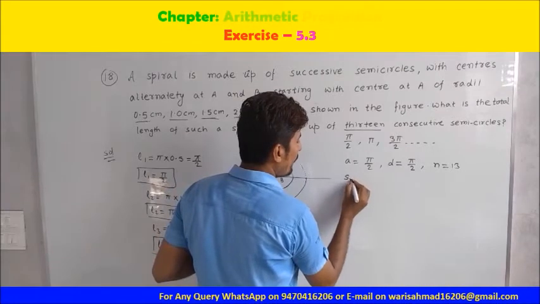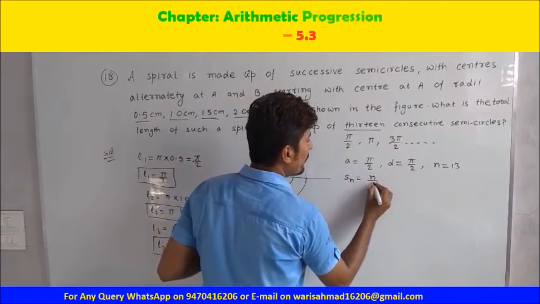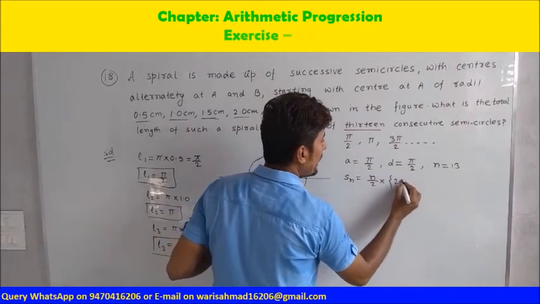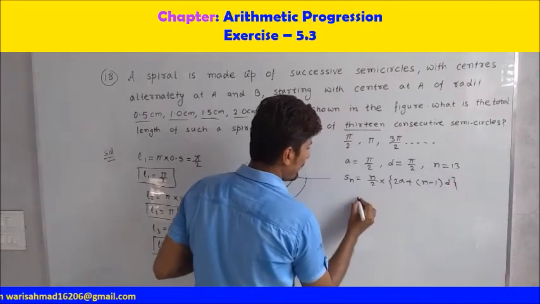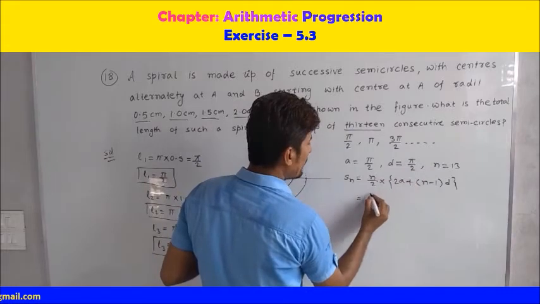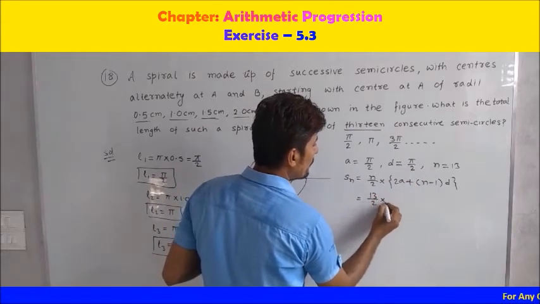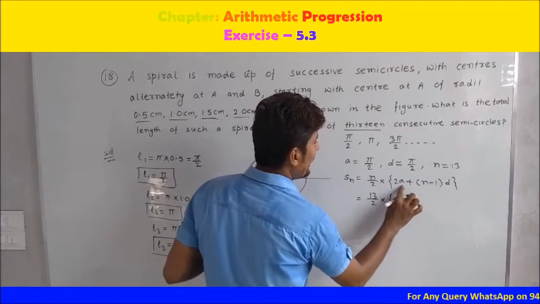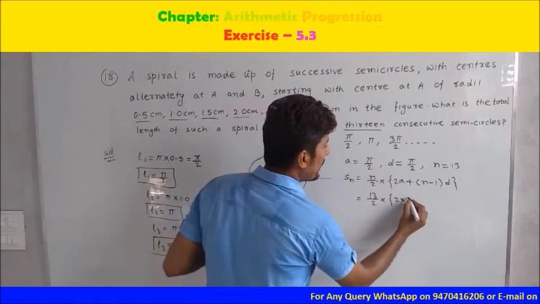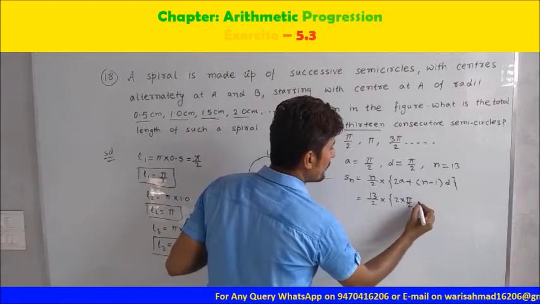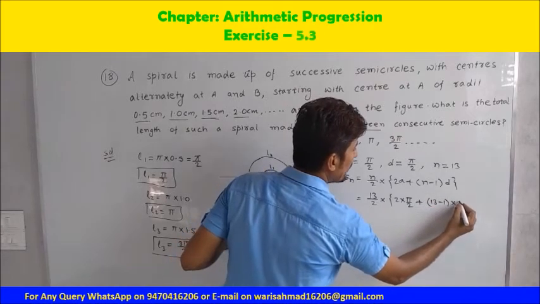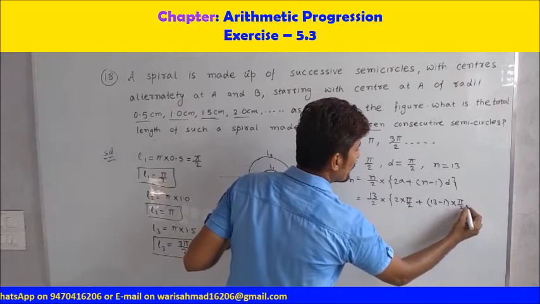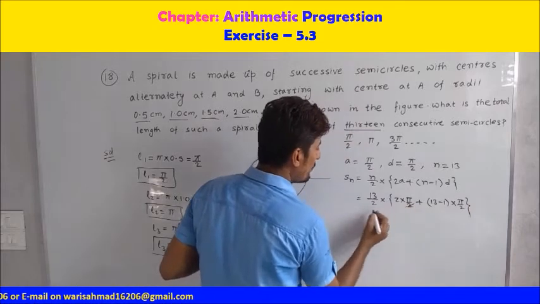So we can write the formula Sn equals n upon 2 multiplied by 2a plus n minus 1 multiplied by d. Value of n we can write here 13 upon 2, multiplied by 2 times a. Value of a is pi upon 2, so we can write here pi divided by 2, plus n minus 1, 13 minus 1, into d, means pi upon 2. 2 and 2 both will cancel.